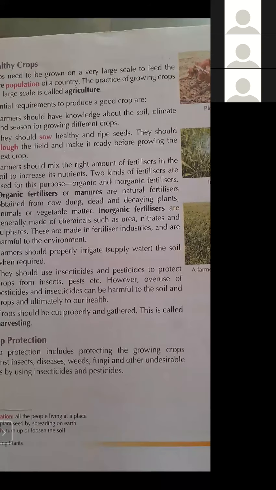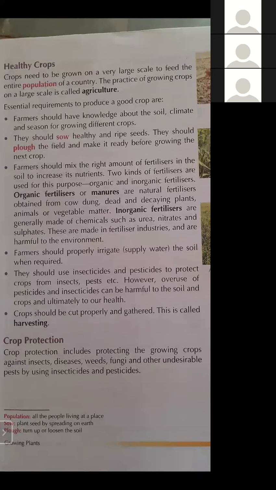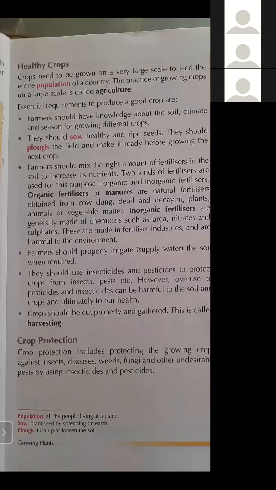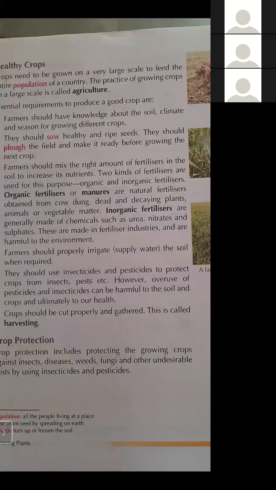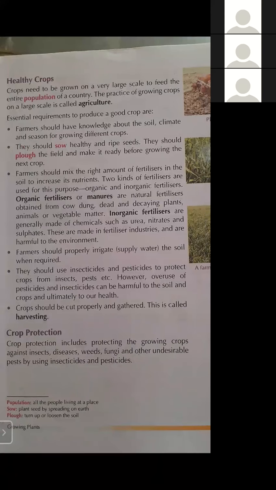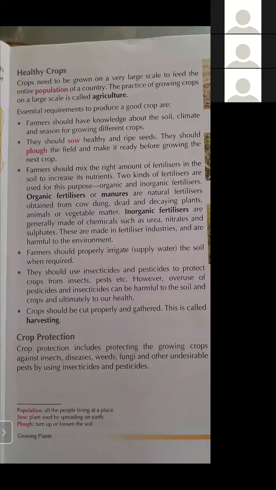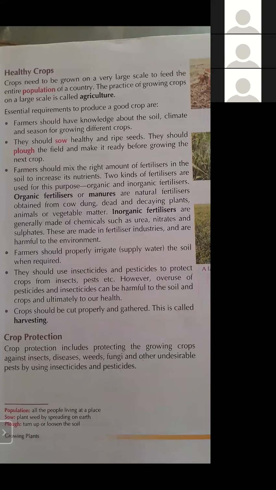All the population of the country needs wheat, rice to fulfill their requirement of food. So crops need to be grown on a very large scale to feed the entire population of the country.